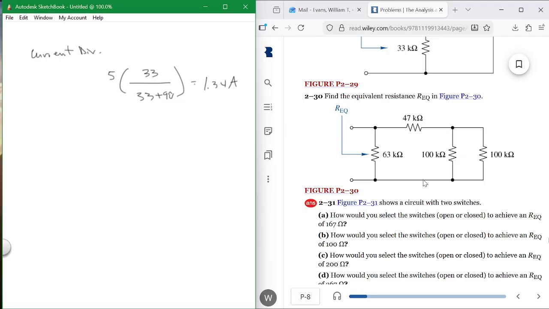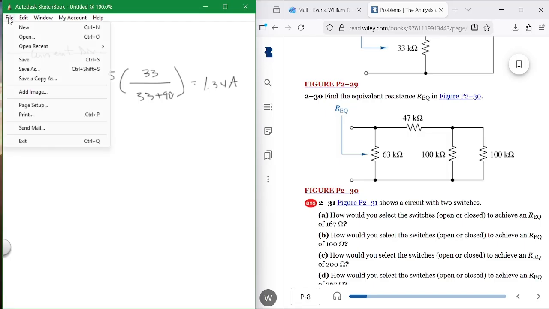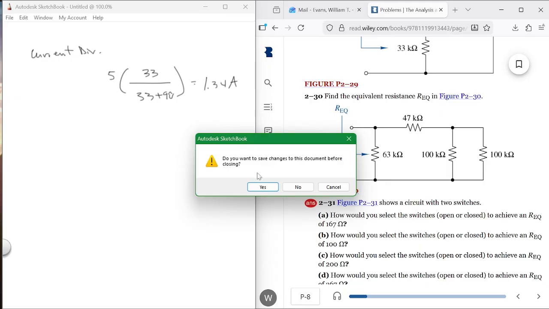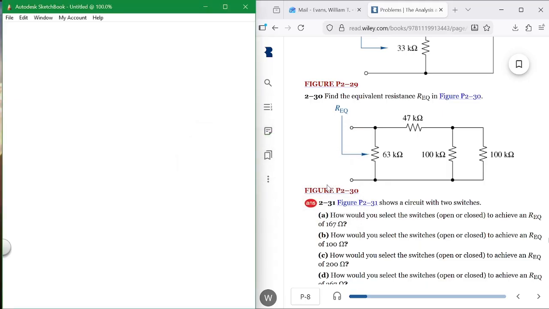Find the equivalent resistance. That's all this is. This is nothing major. This is just R equivalent. I want you to be able to do R equivalents. Obviously, R equivalent in 2-30 is equal to what?